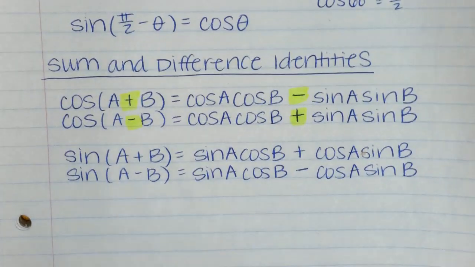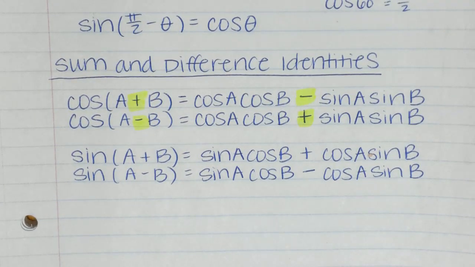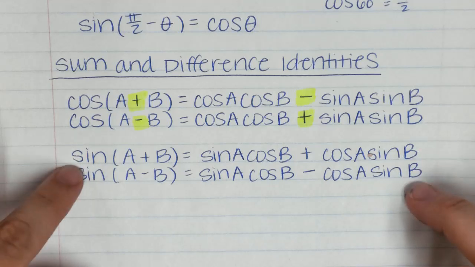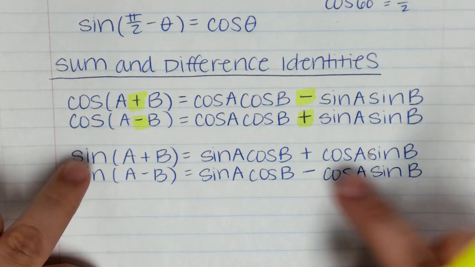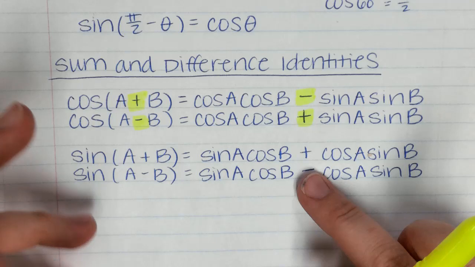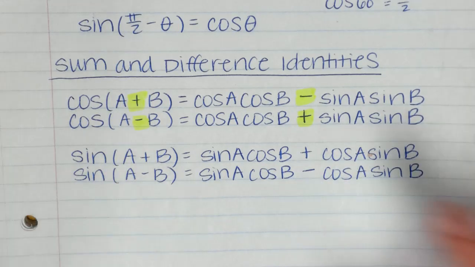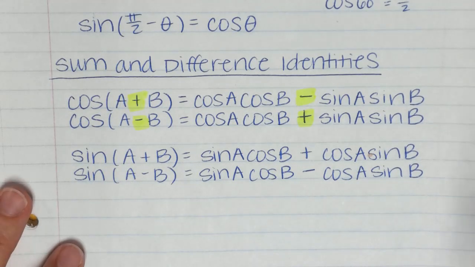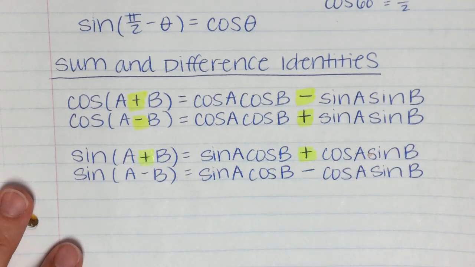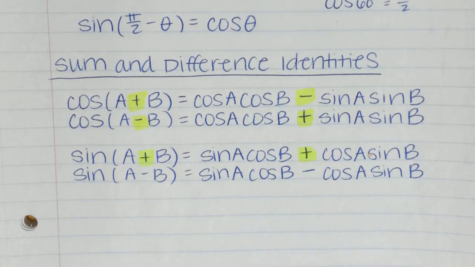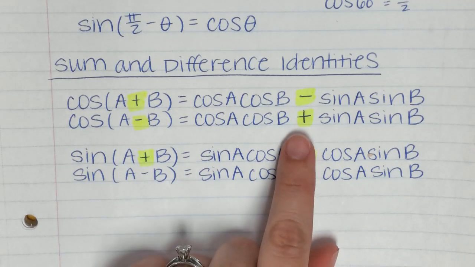Let's talk about how we can memorize these. All right, now between these two, what's the only difference? The plus and minus. Again, the plus and the minus is the only thing that changes when you go from a sum to a difference formula. But how is this related to this? For sine, it's the same. And for cosine, it changes.